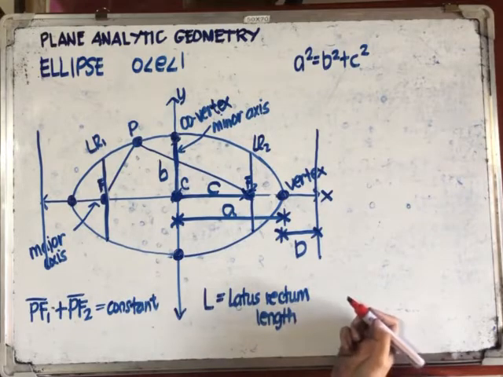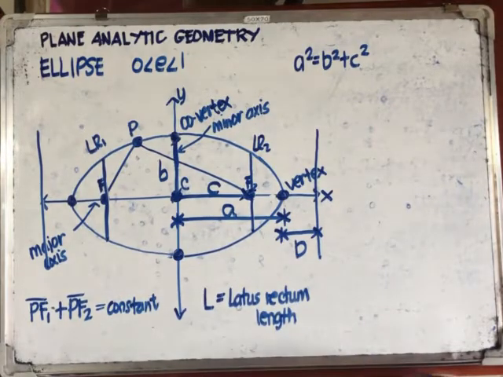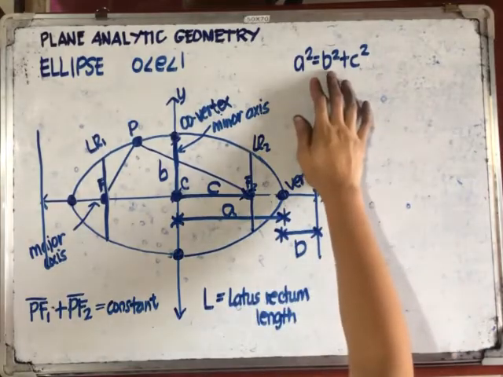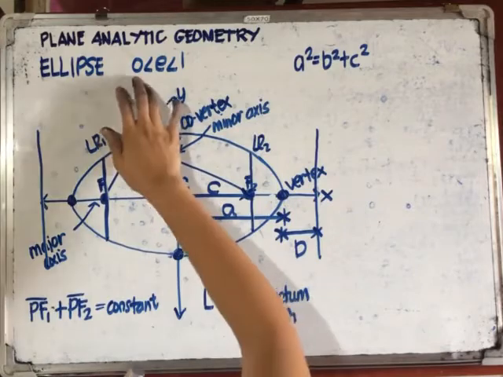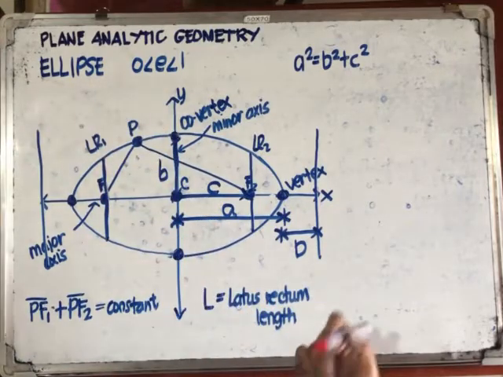Alright. So, defined na lahat ang ating mga parts of the ellipse. And magsosolve tayo ng mga problems ngayon. So, for ellipse, ang formula na tinatandaan ko lang talaga dito is syempre ito, the very basic Pythagorean Theorem. And ang concept ng kanyang eccentricity na 0 to 1 siya.